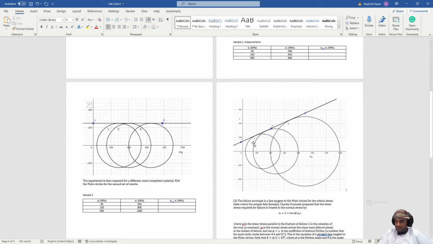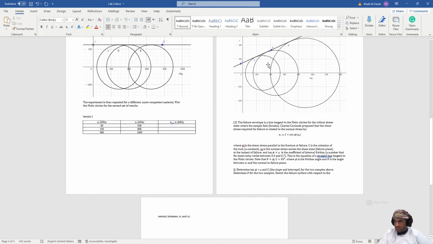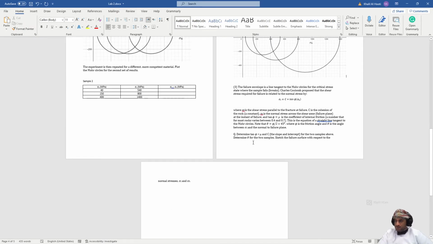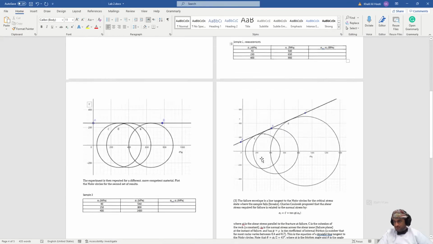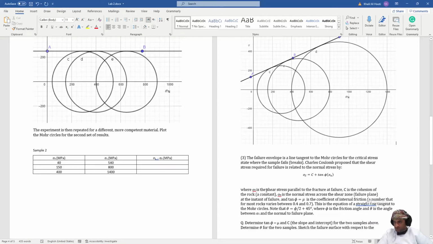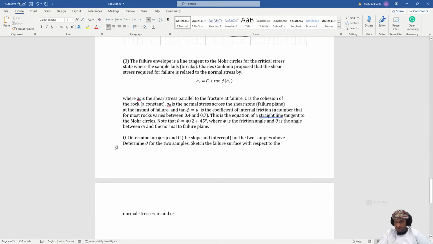So the intercept and the slope for the second sample, sample number 2. These are the questions you are asked to solve. What's the intercept, which is t, and what's the slope? And from the slope, you can get this value, plug it in this equation to get the value of theta.